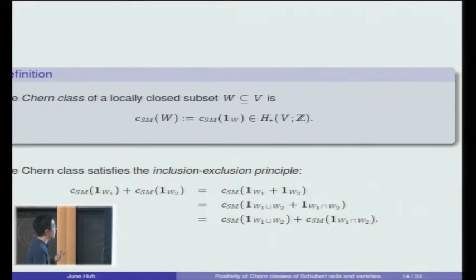by construction, one of the very basic and main properties that this theory enjoys is the inclusion-exclusion principle. Whenever you have two subsets, W1 and W2, if you add the Chern classes of W1 and W2, then you can do inclusion-exclusion. For example, in this very basic case, you get the Chern class of the union and the Chern class of the intersection.